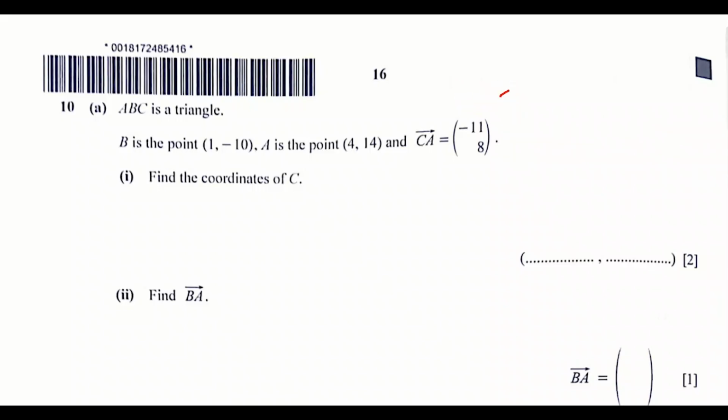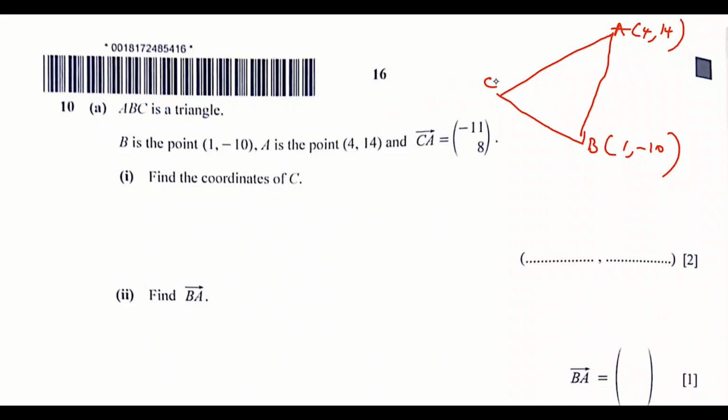So you have point A here with coordinates (4, 14), then B with coordinates (1, -10). Then we have point C here with coordinates (x, y).